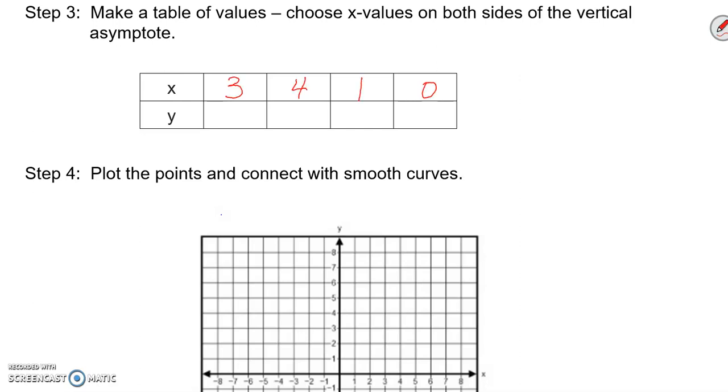Alright, so I chose some x values. I chose 3 and 4, which is on the right side of our vertical asymptote, and 1 and 0, which is on the left side of our vertical asymptote.